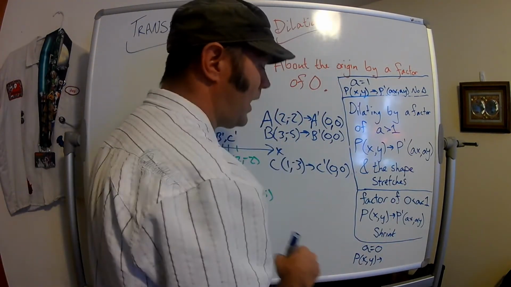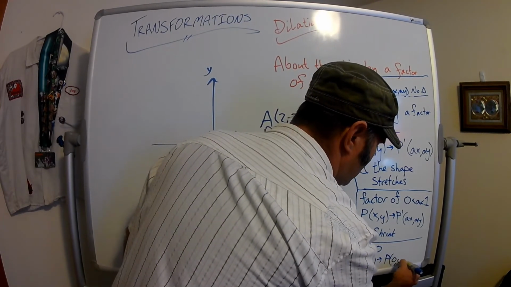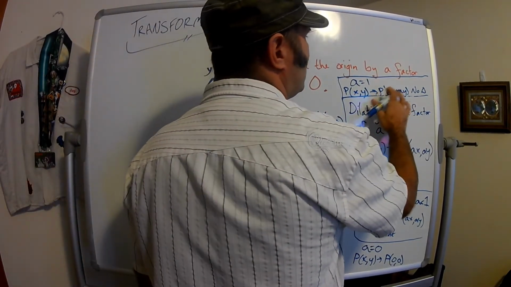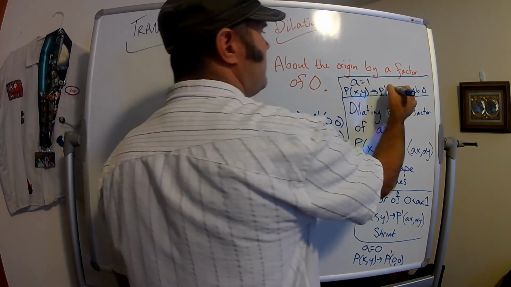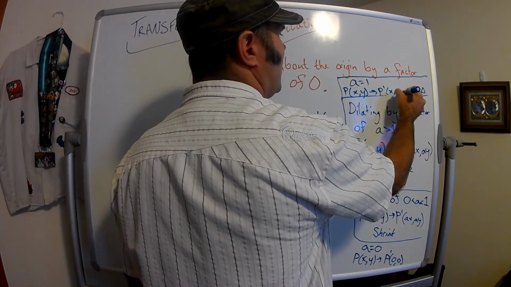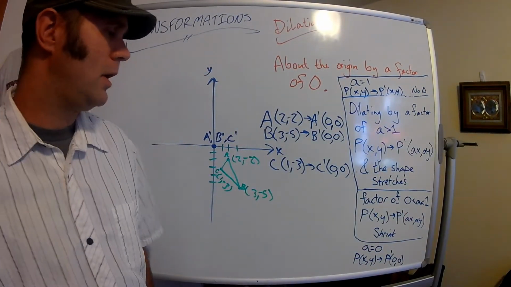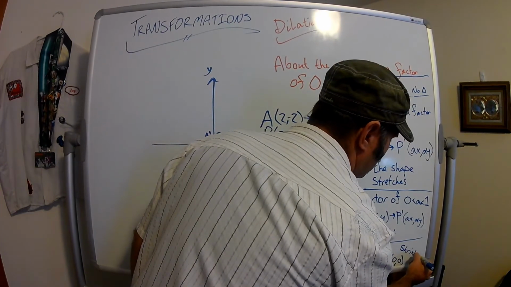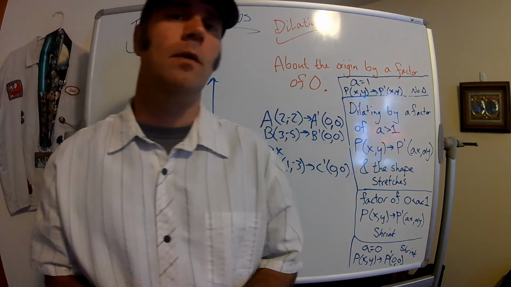But we could simply say it becomes P of (0, 0). Just like in this one, we could say P prime becomes (x, y), it doesn't change. So it is a shrink, but it's a shrink down to nothing. So that's pretty tiny.